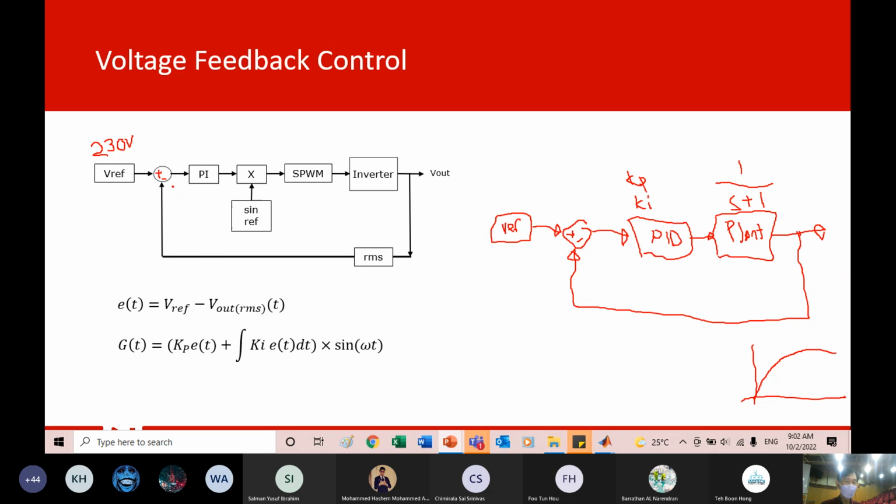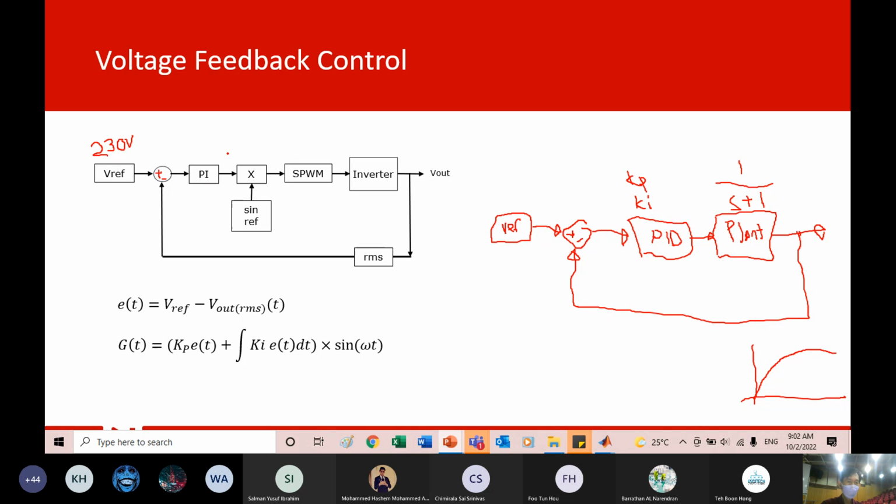So it minus the feedback and goes to a PI controller. Now, in power electronics, we do not use PID. We use only P and I. We only use P in proportional and integrate, slowly, to achieve your desired output.